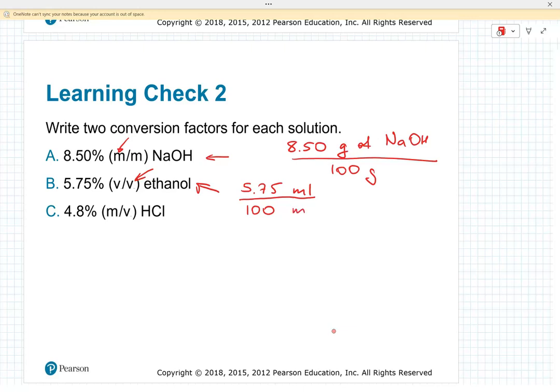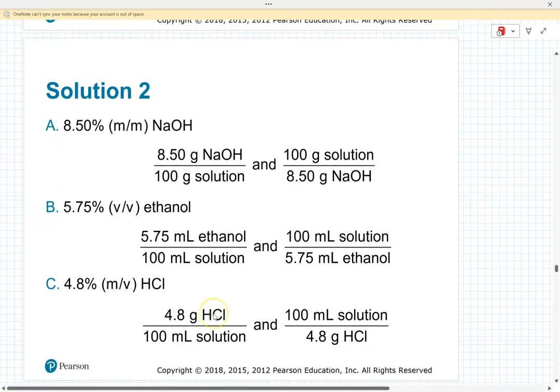Milliliters. Maybe I just didn't hear. What about this? 4.8 grams of hydrochloric acid per 100 milliliters. Good? Making sense? All right.